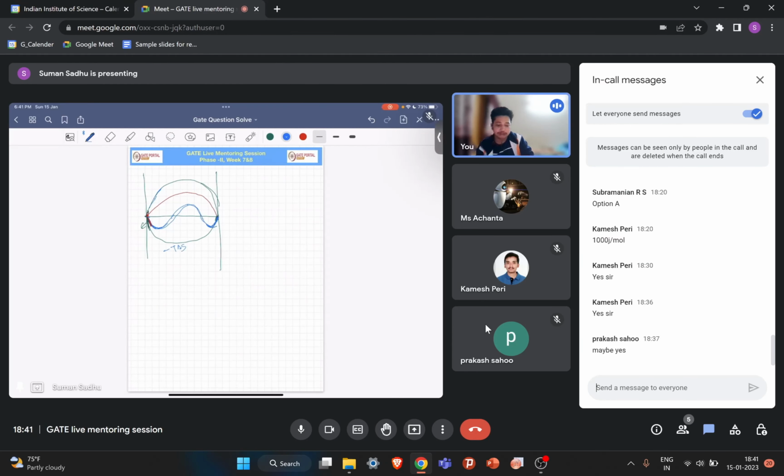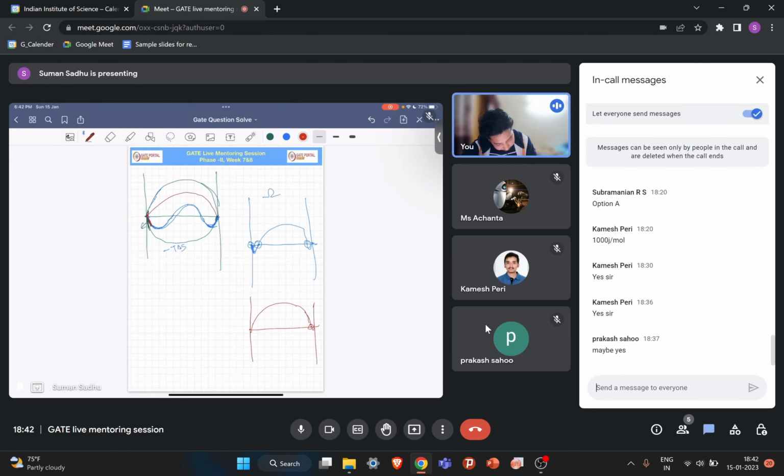Now depending on your value of omega and your concentration, your free energy curve may look like this. It may look like this also. But it will never reach your pure composition, x equal to 1 or x equal to 0. There will always be a certain gap, or it may not be visible clearly sometimes.